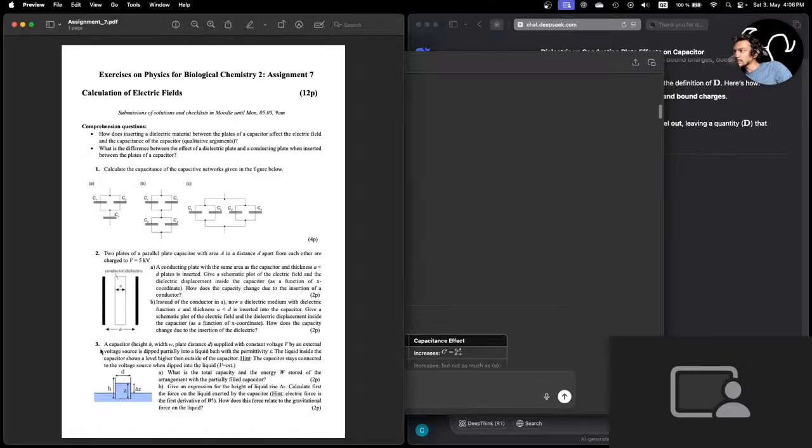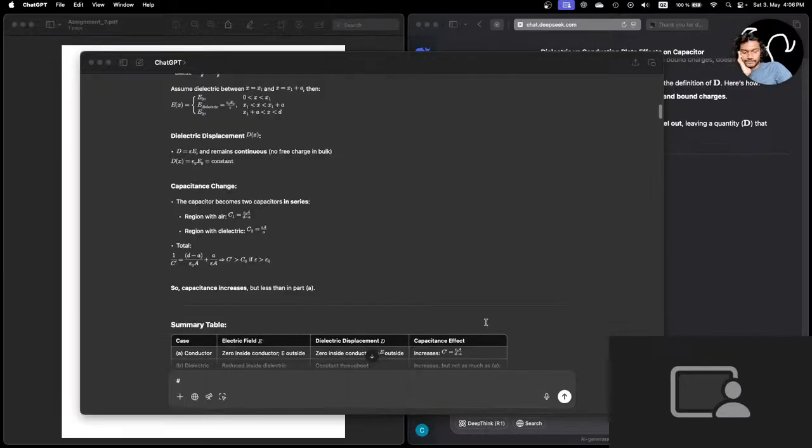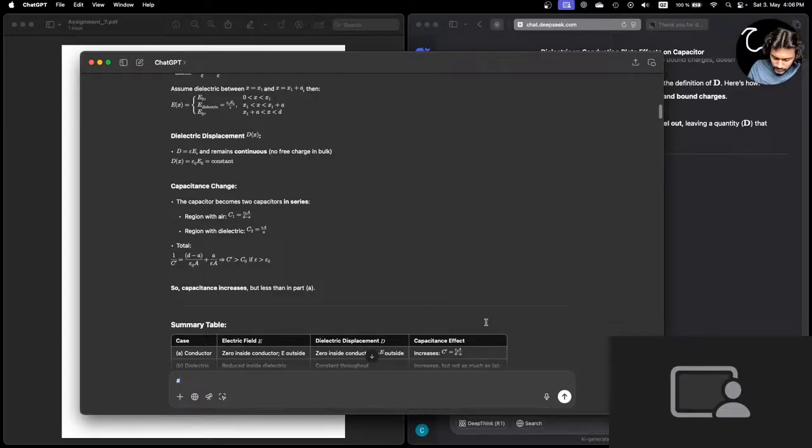Does it ask how the capacitance changes due to the insertion of the dielectric? Did I answer that for the first? If the conductor is placed at the center of the distance, the capacitance is higher. How is it higher?